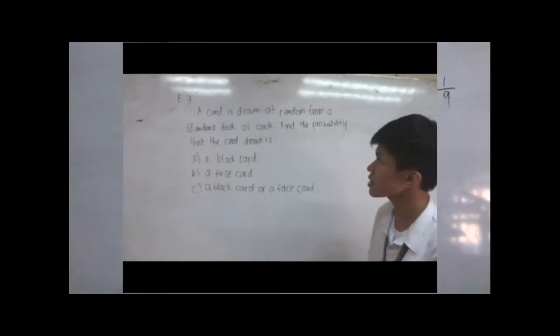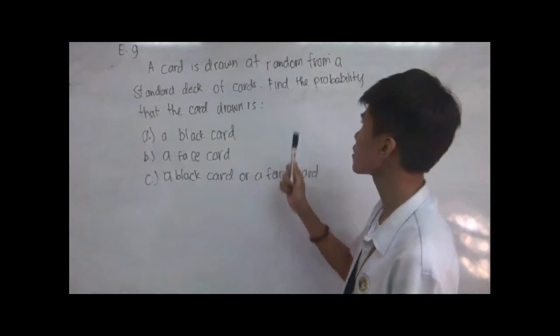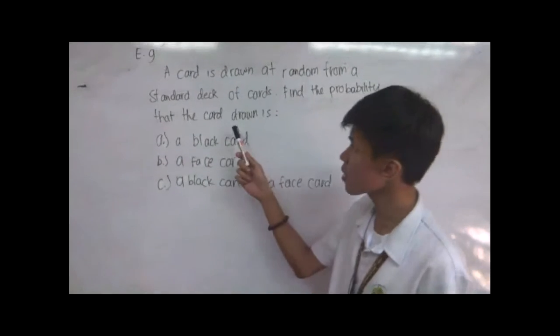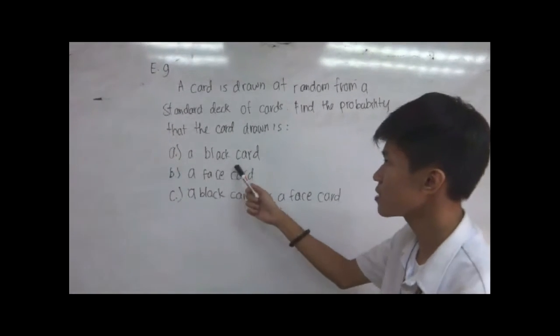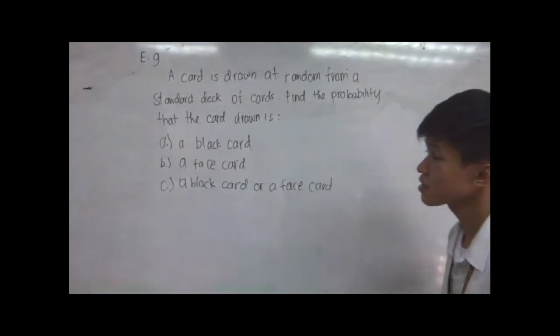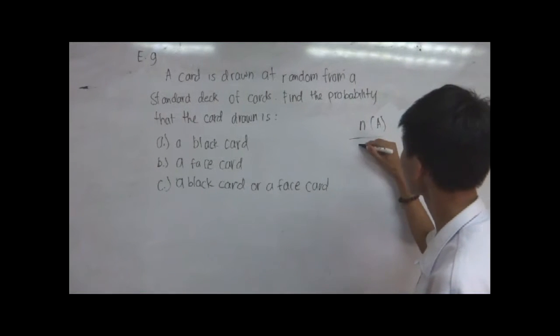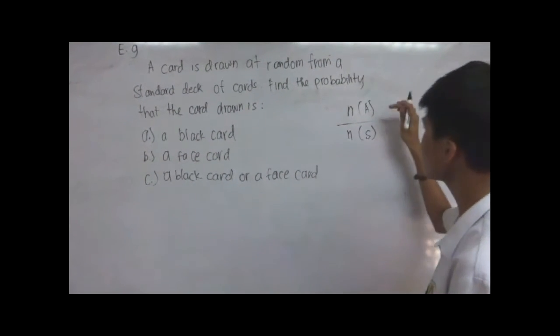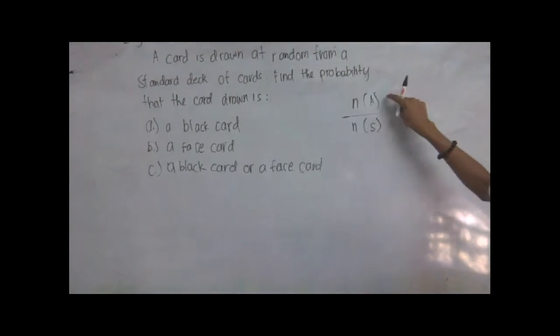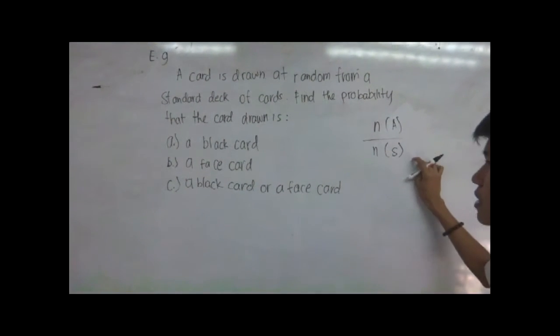Example for probability of an event. A card is drawn at random from a standard deck of cards. Find the probability that the card drawn is a black card, a face card, or a black card or a face card. Remember the formula: N of A over N of S, where A denotes the event and S denotes the sample space.